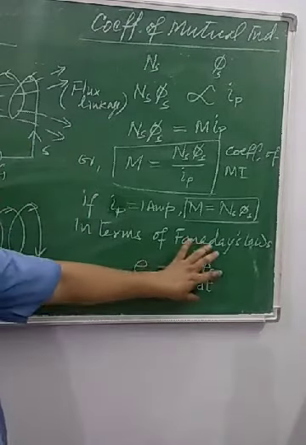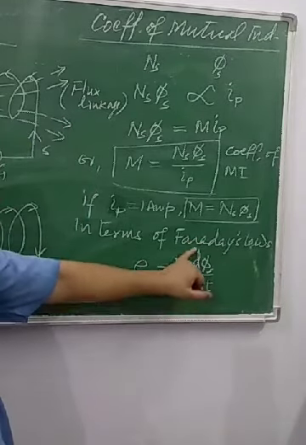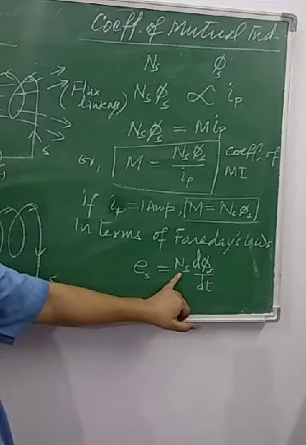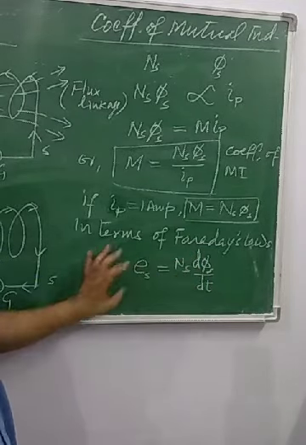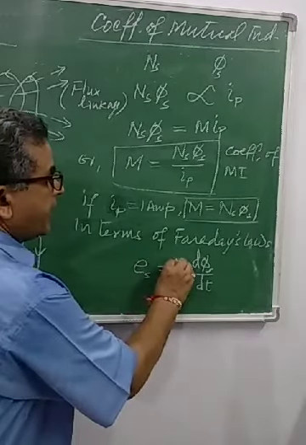This is also called the rate of change of magnetic flux with N_S turns. So this is the induced EMF and here it is a negative sign.